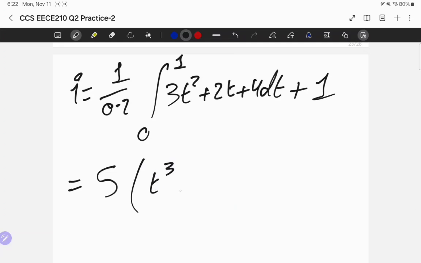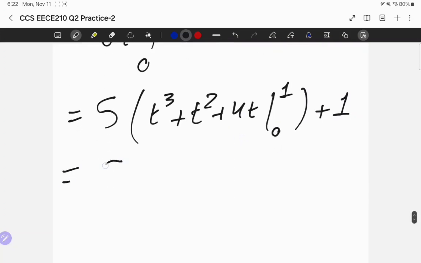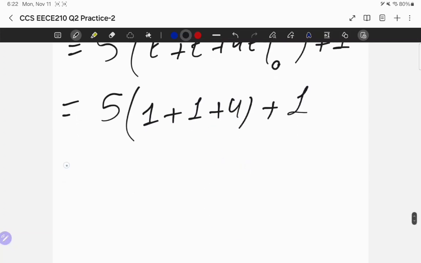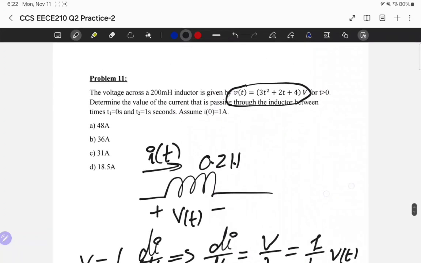Basic integral, I'm not going to explain this. And 2t becomes t squared, and 4 becomes 4t, evaluated from 0 to 1, and then plus 1 at the end. At 0 everything cancels, so I'm just going to substitute 1. So 1 plus 1 plus 4 plus 1. This is going to be equal to 5 times 6 plus 1, so 30 plus 1, so 31 amperes. And the answer is 31.